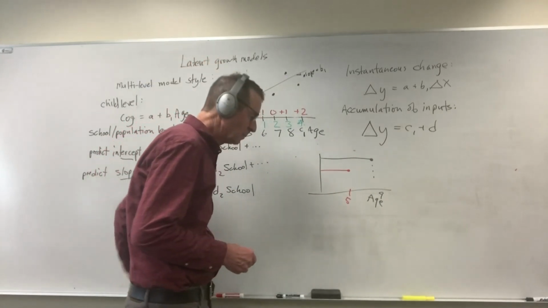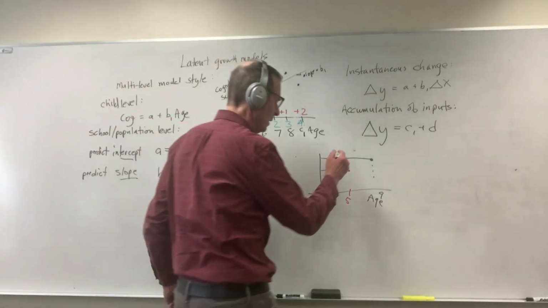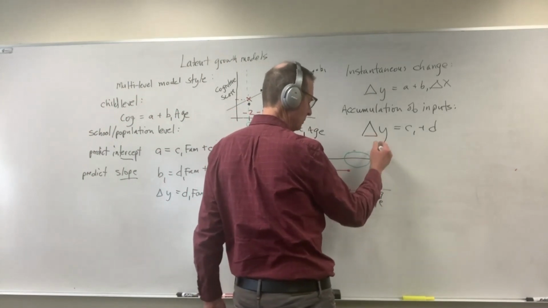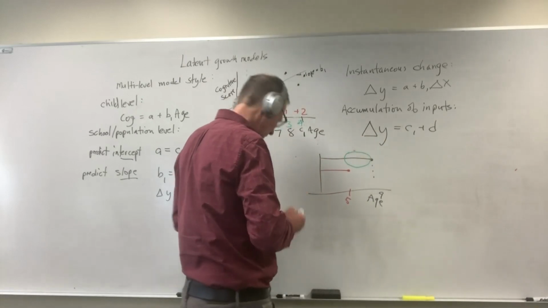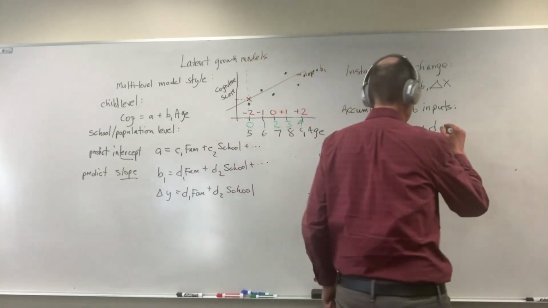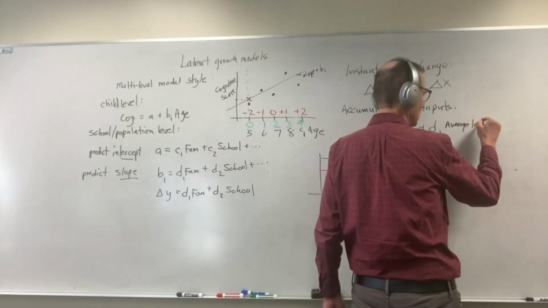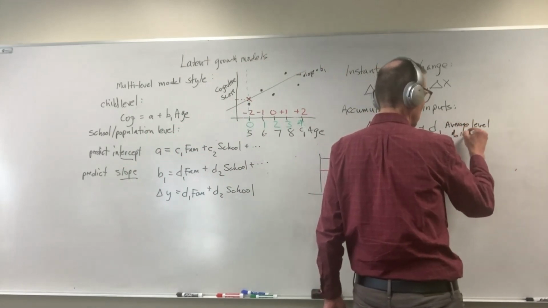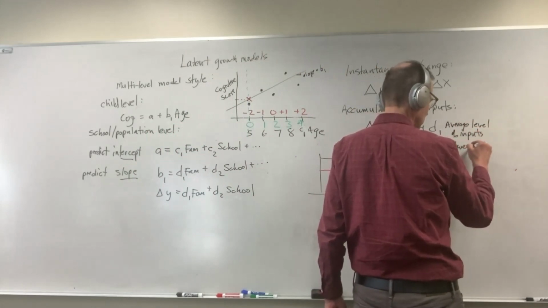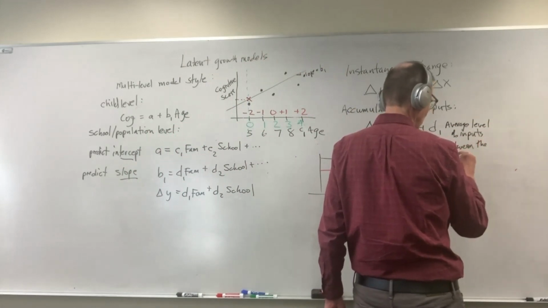And then we subtracted the two, and we just got change from age 5 to 9 here as a function of, and in this case, it was D1 times the average level of inputs between the two measurements of y.